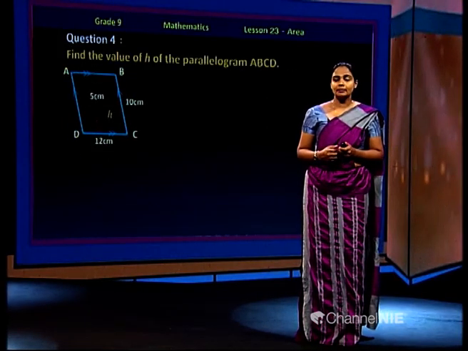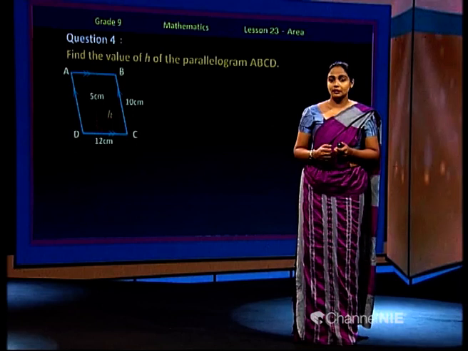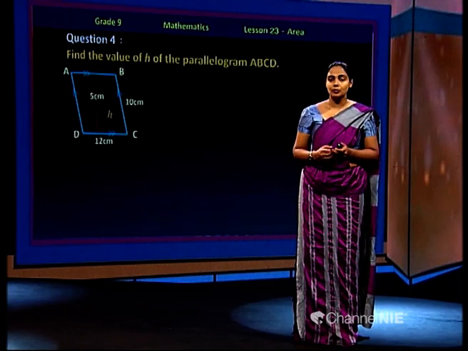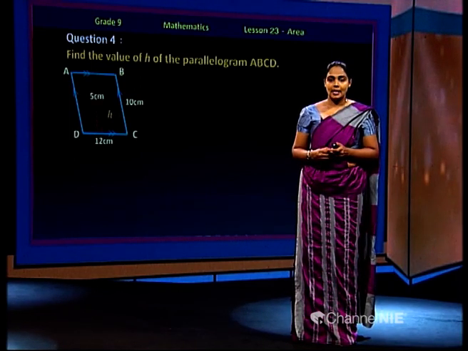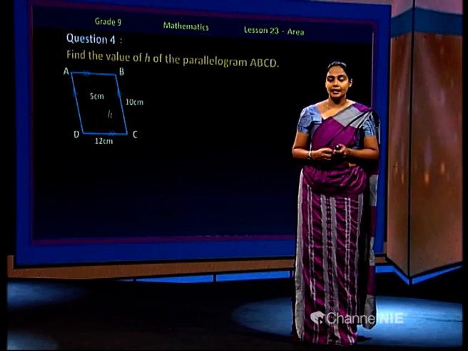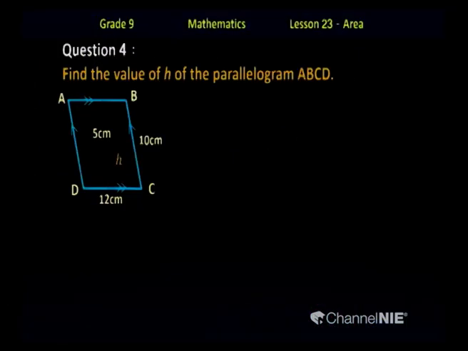Now find out the method. You can use your knowledge. There are values of two sides. Then you have two bases. And there is a perpendicular height of 5 centimeter and the other perpendicular height is unknown. You should find it out.